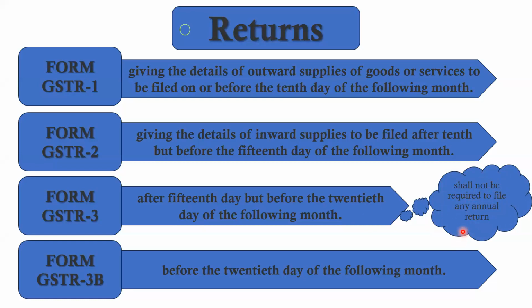They have to file it for that particular period of business in which these goods and services are taxable for them. In Form 3, Part B also says that they have to furnish it before the 20th day of the following month.